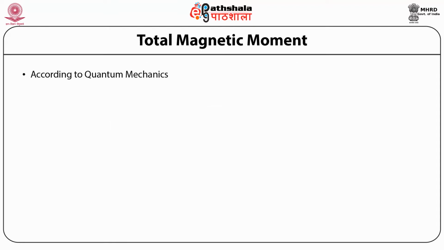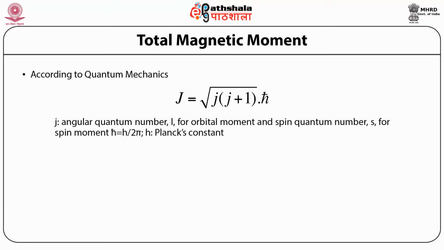According to quantum mechanics, the angular momentum for an electron with a characteristic number J is expressed as capital J is equal to root of J into J plus 1 times h cut. Here J is the angular quantum number, and accordingly L is the orbital and S is the spin quantum number. For spin moment, h cut will be h by 2 pi, where h is Planck's constant.